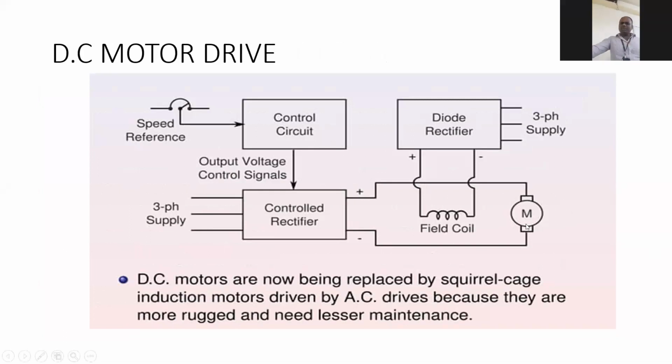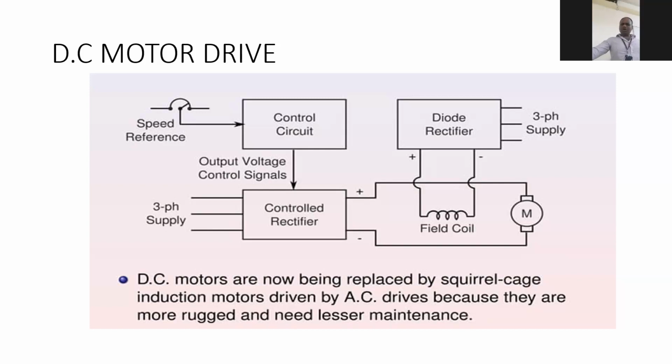So here we have the next topic, DC motor drive. So what is a DC motor drive? In terms of the speed reference, the control power circuit is considered a controlled rectifier. From the diode rectifier, we can take out different ranges from the three-phase supply, which is taken care of by the field coil.